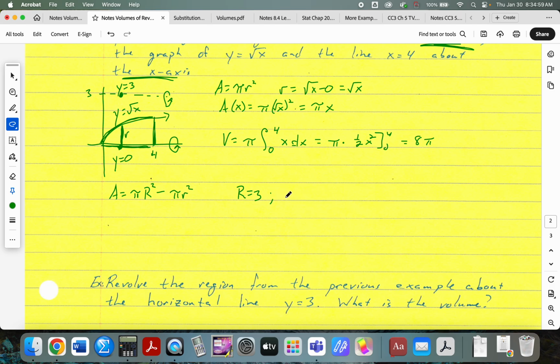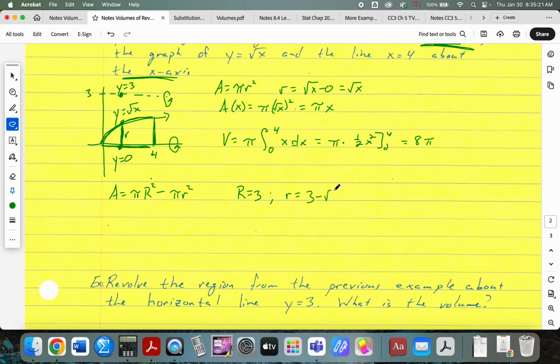Little r is going to be the distance from my axis of revolution to the nearer side of my representative slice. What will that be? Square root of x. I'm sorry? Is it 3 minus the square root of x?